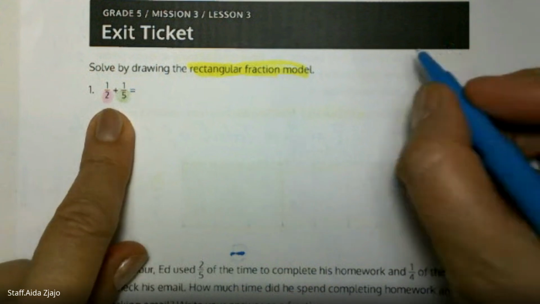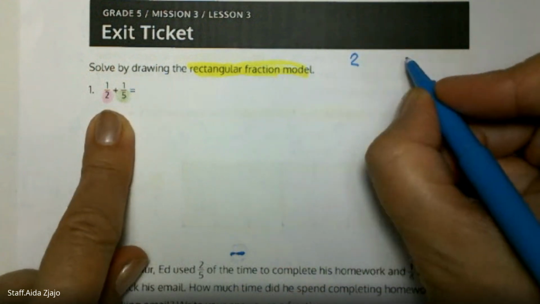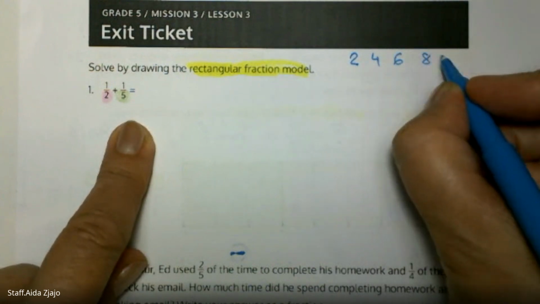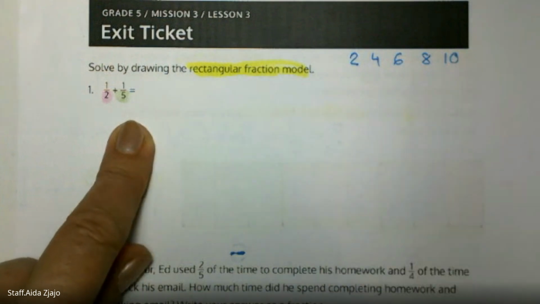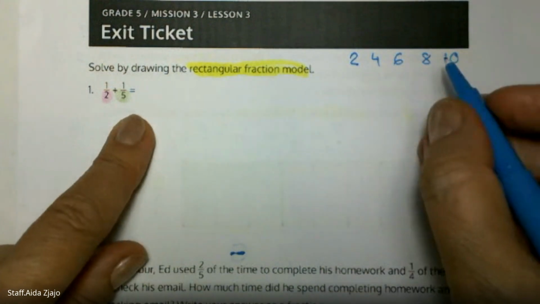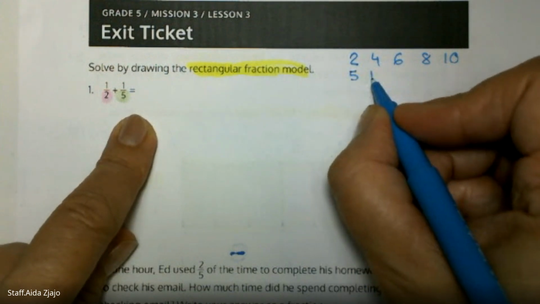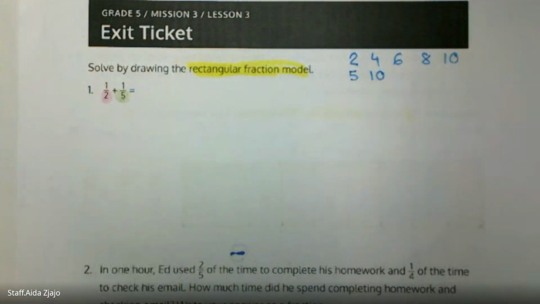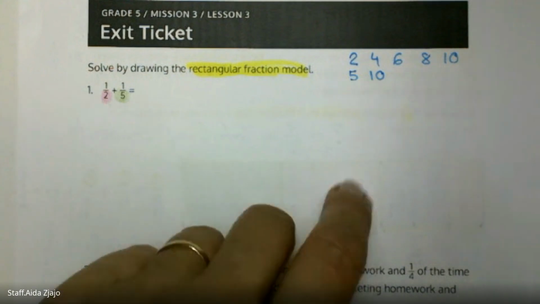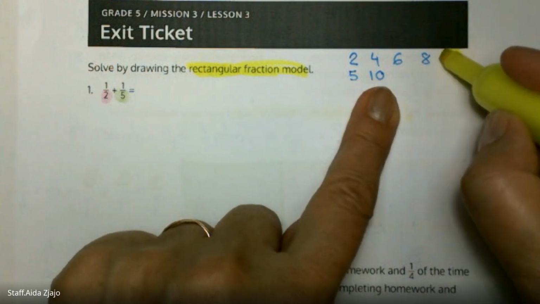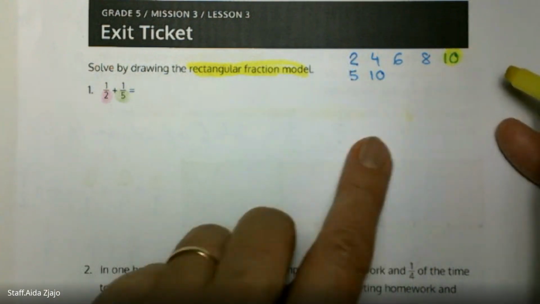So if I skip count by 2, like 2, 4, 6, 8, 10, we'll stop there, and then I can keep skip counting by 5, 5, and got 10. Now I see that I can create 10 by skip counting by 2. 2 times 5 is 10.